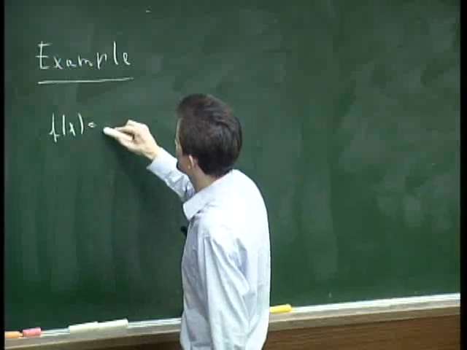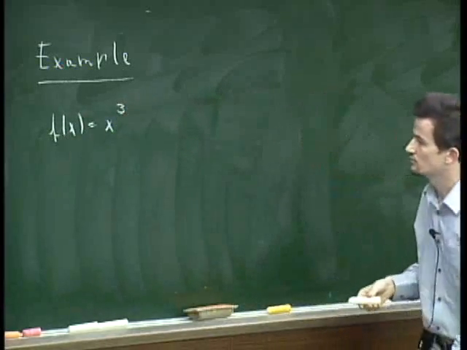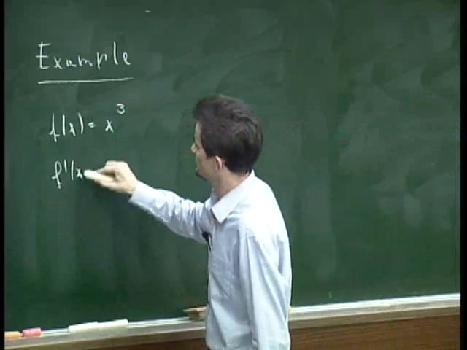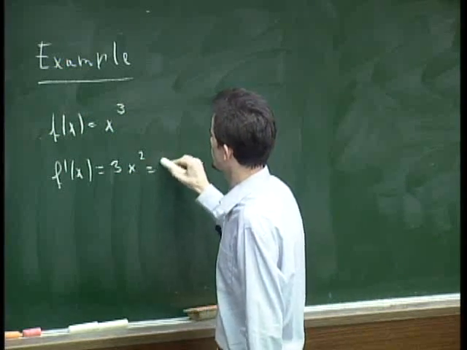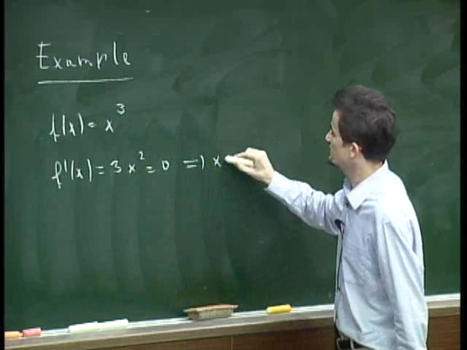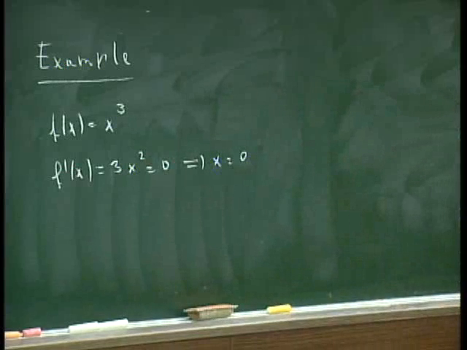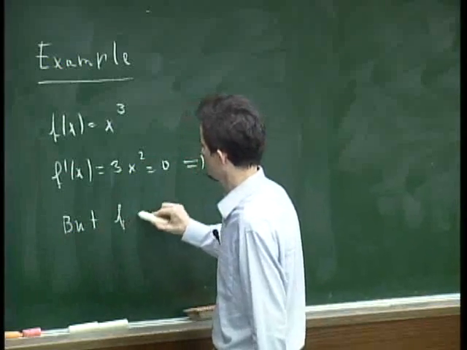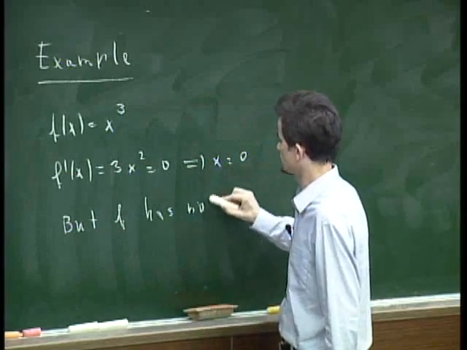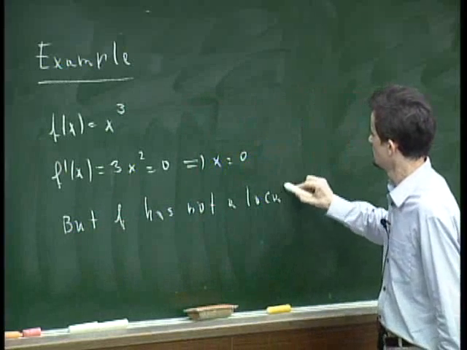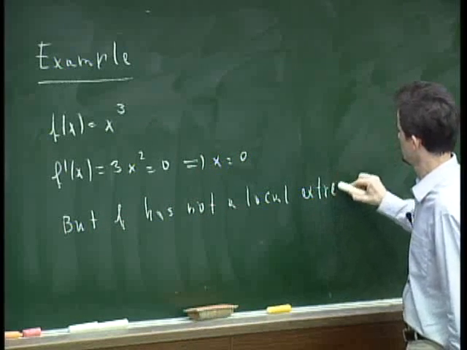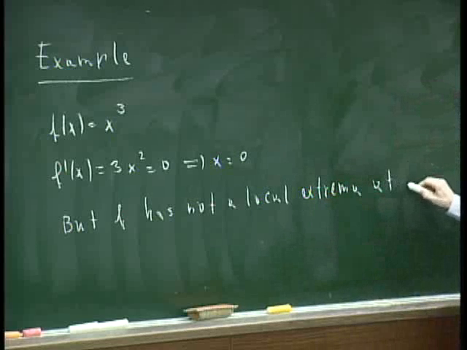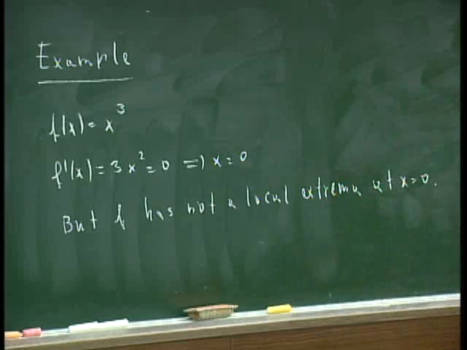If you have f of x is equal to x cubed, and you take the derivative and equate it to 0, you see that x is equal to 0 is the only point where the derivative is equal to 0, but the function does not have a local extrema at x is equal to 0. So you see the inverse of what the textbook calls Fermat's theorem is not true.